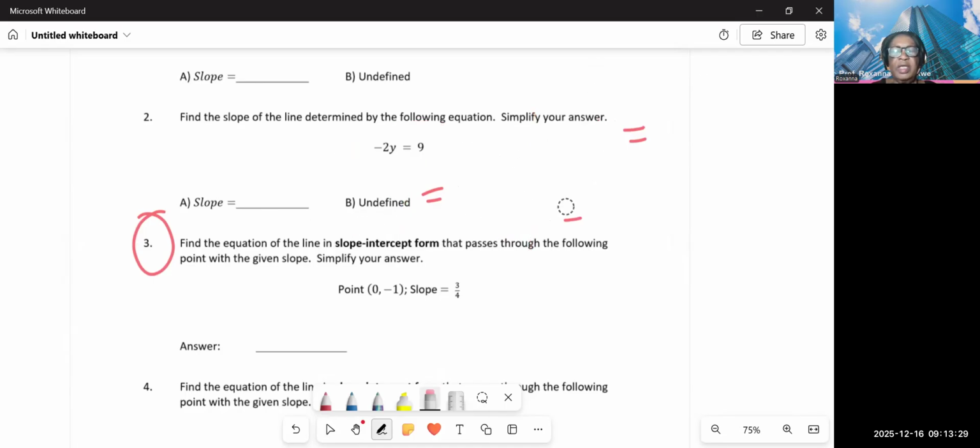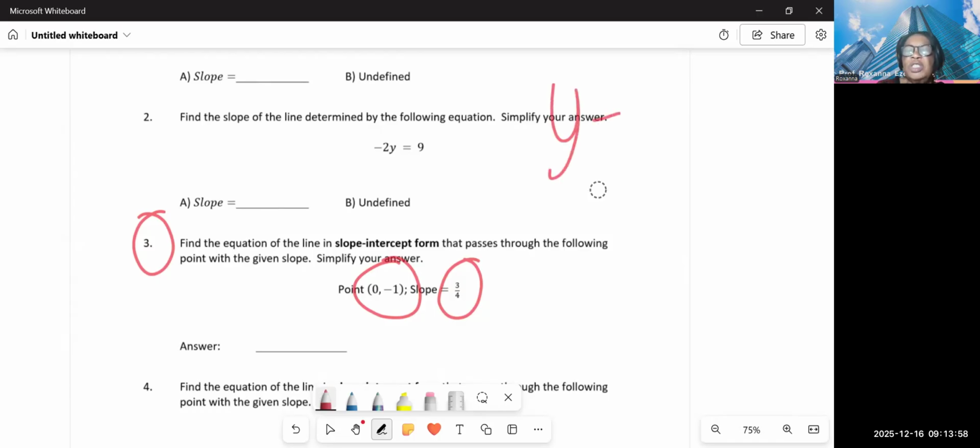Question number 3 says, find the equation of the line in slope-intercept form that passes through the following points with a given slope. Simplify. So I'm given a point and a slope, and I'm told to find the equation of the line. I'm told to leave my equation in this form: y equal to mx plus b.